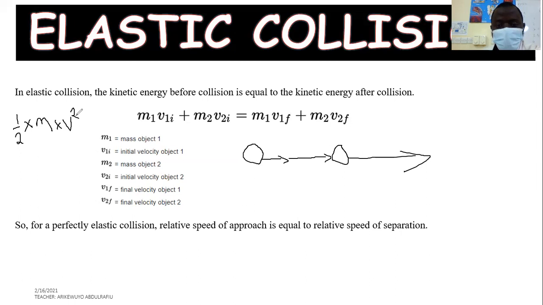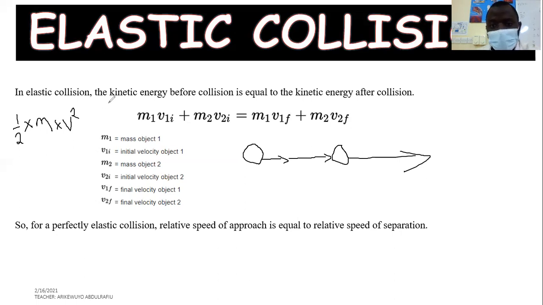These are important points you need to note about elastic collision. Number one, when the two objects collide, after the collision they will move their separate ways. The second is that the kinetic energy before collision is the same as the kinetic energy after collision. And the last one is that the relative speed of approach is the same as the relative speed of separation.